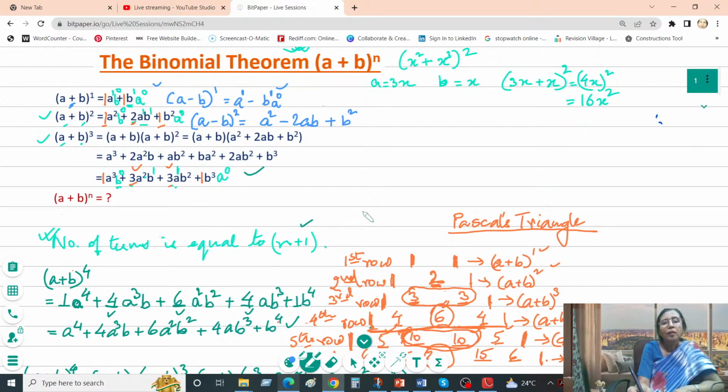So previously there were 3 terms, even now there are 3 terms. The first term is having the power of 2, the power of a is going on decreasing in steps of 1, the power of b is going on increasing in steps of 1. Everything is the same. This is a square plus 2ab plus b square for a plus b whole squared, and this is a square minus 2ab plus b square for a minus b raised to the power of 2.